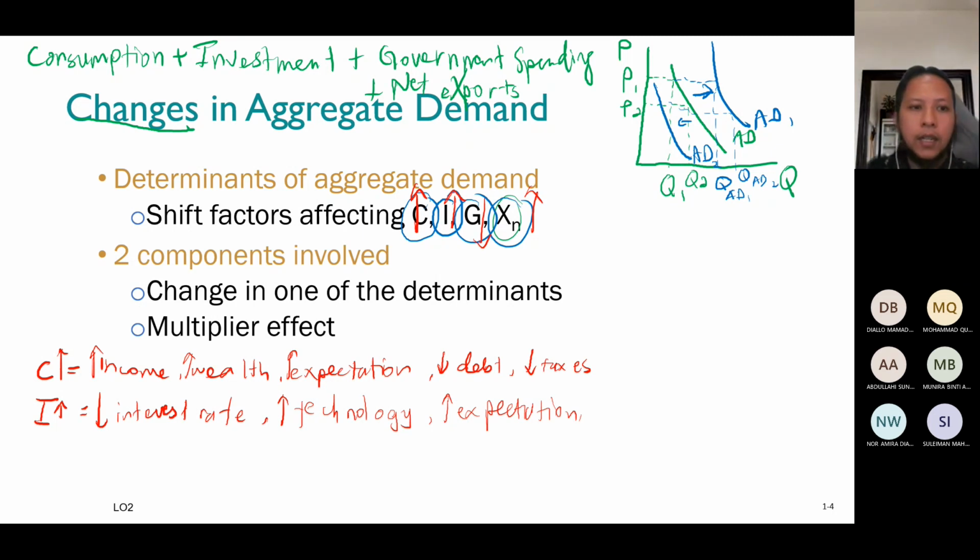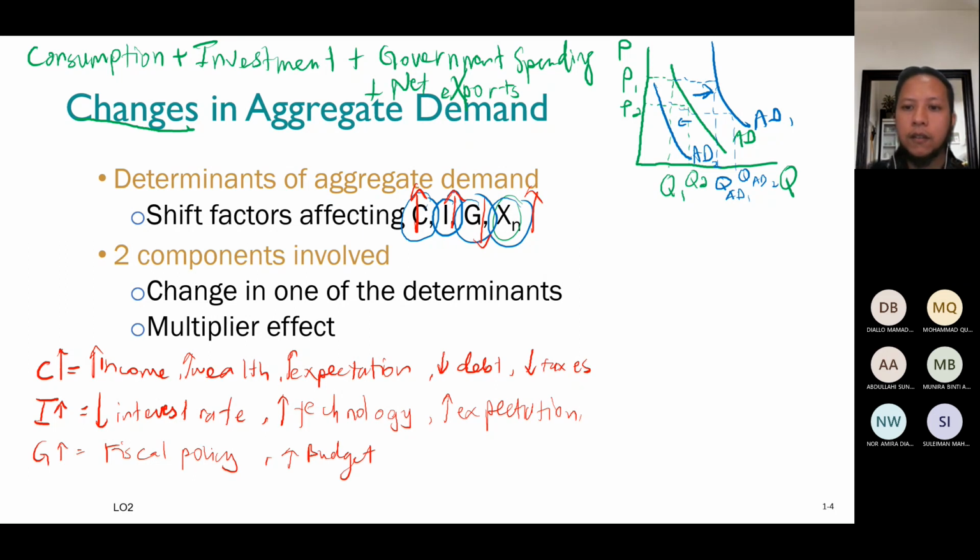And when we look at government, maybe government spending may increase depending on the fiscal policy or an increase in budget. So this can increase government spending.